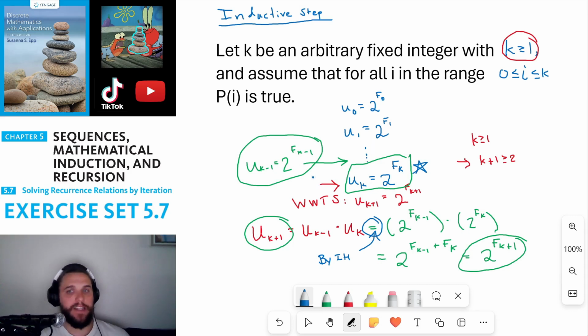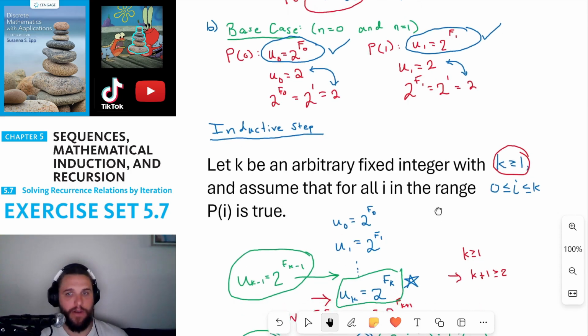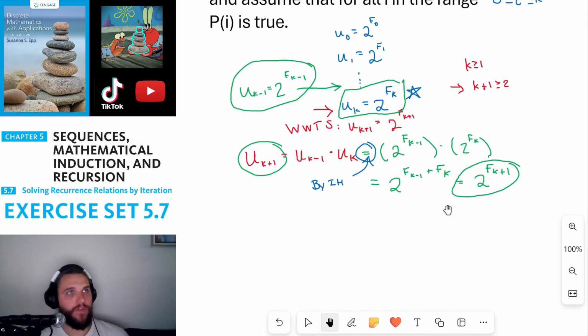And also keep in mind, since we're using 2 pieces of the inductive hypothesis here, then we're going to need at least 2 base cases. So this further justifies why we need to prove 2 base cases instead of just 1. Anyways, this proves that P of k plus 1 is true, which means that by strong mathematical induction, P of n is true for all n greater than or equal to 0.